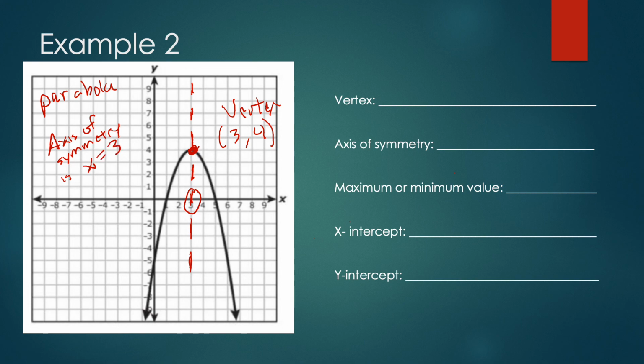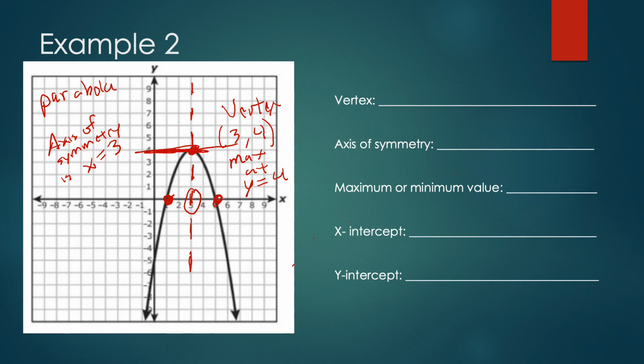Now I'm going to look for my maximum or minimum value. So since I know that this is my highest point of my parabola, that means I have a maximum. So max at y equals 4.